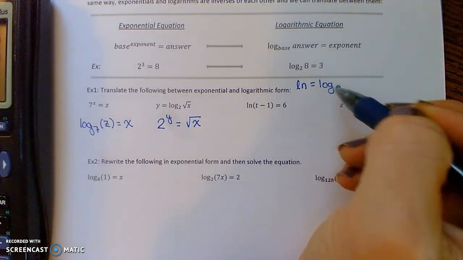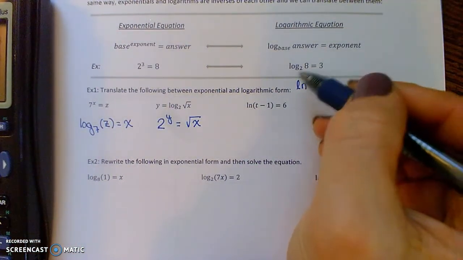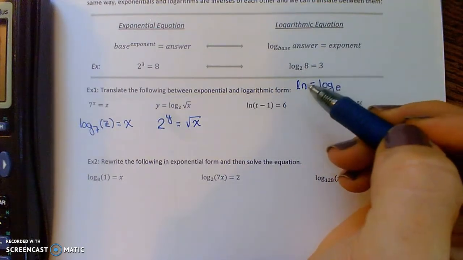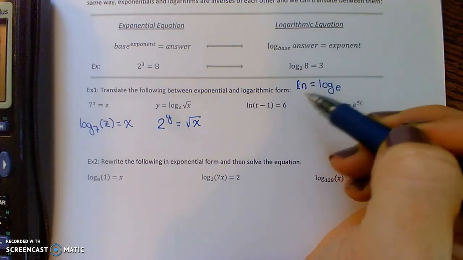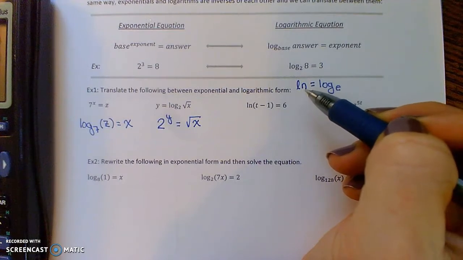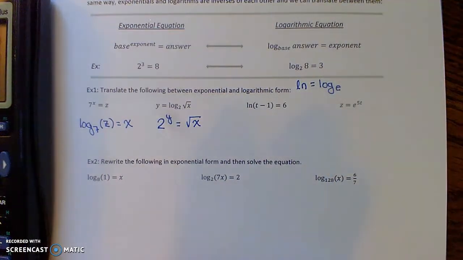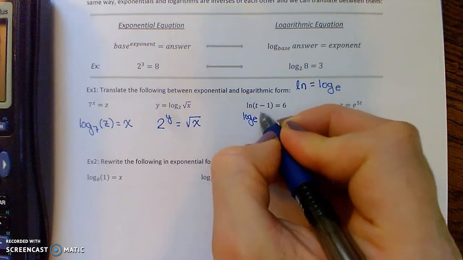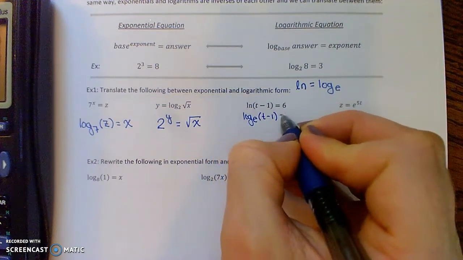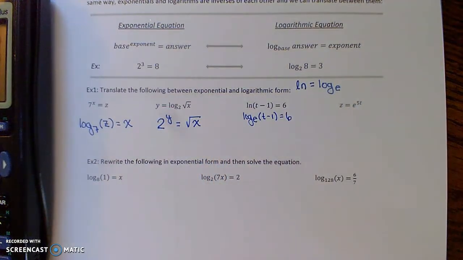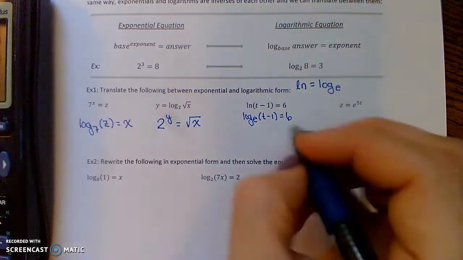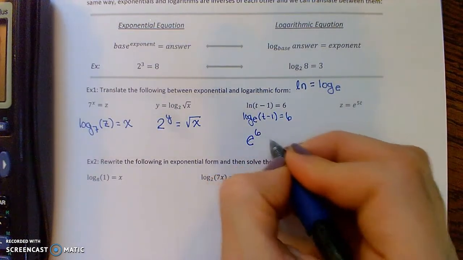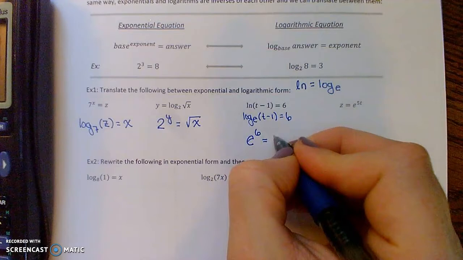Whenever we have log base e, you can just write it as ln, which is logarithmus naturale in Latin. That's why it's ln instead of nl for natural log. Anyways, this really means log base e of t minus 1 equals 6. So to convert that to an exponential equation, take the base e, raise it to the 6th power, and set it equal to the answer.